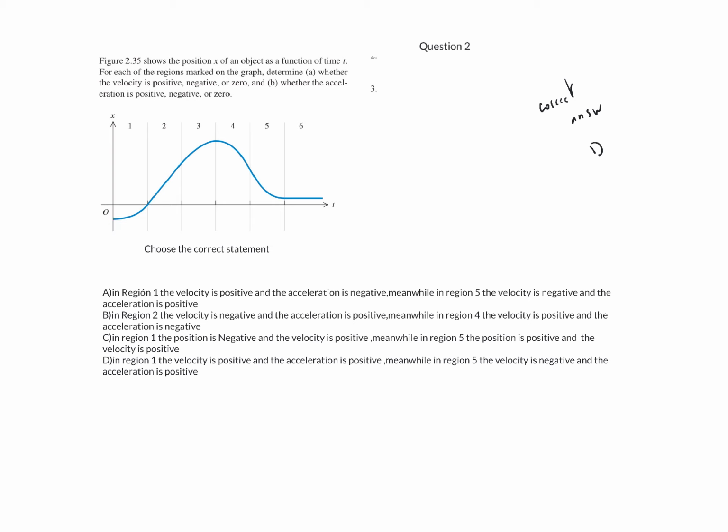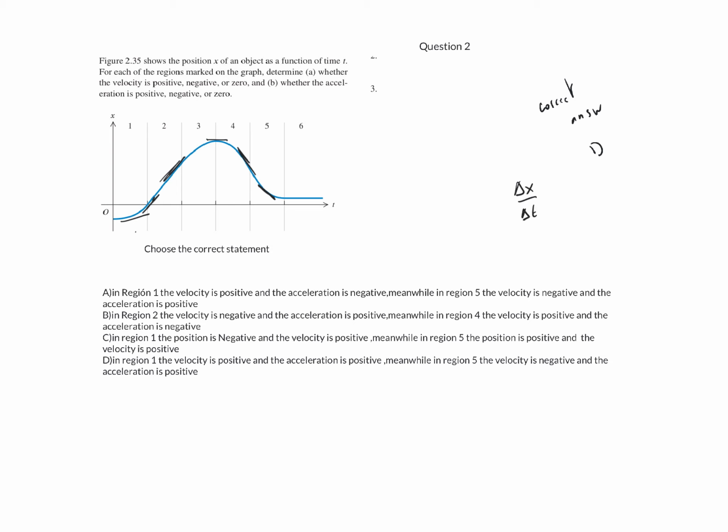The velocity is positive because the slope is positive, always positive here. The slope is 0 here, so the velocity is 0. And in this region, the slope is negative, so the velocity is negative. The velocity is the measure of the slope, delta x divided by delta t.